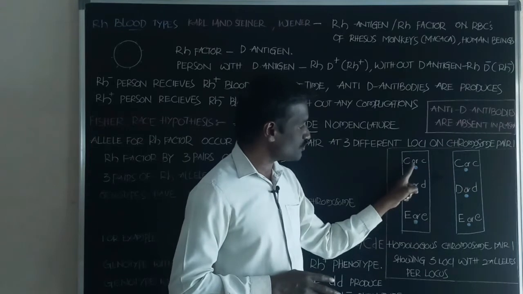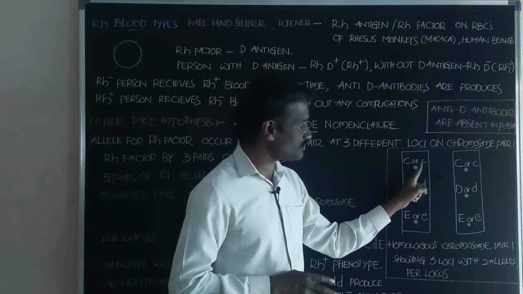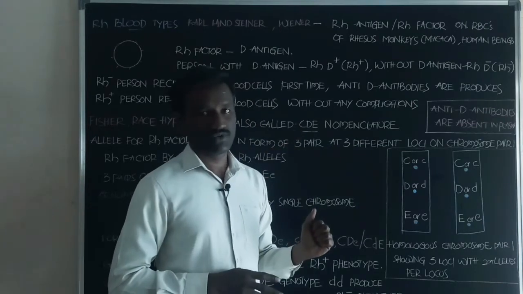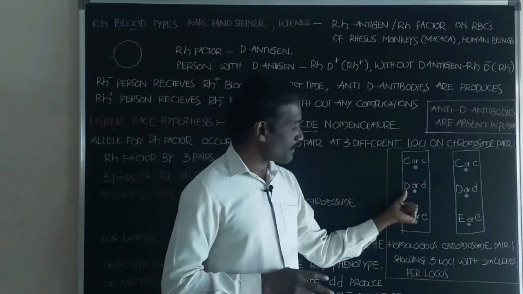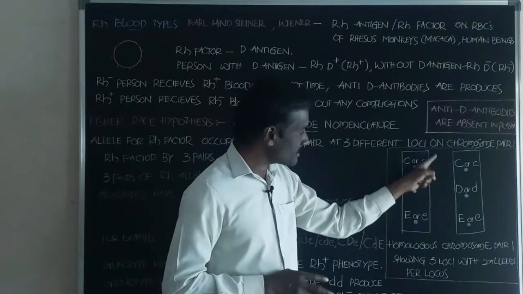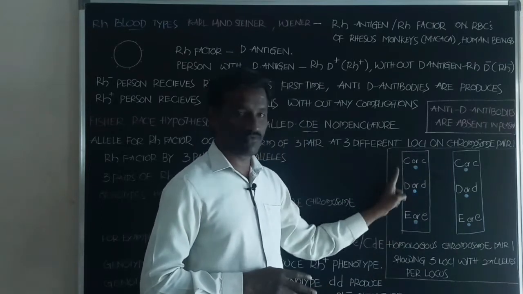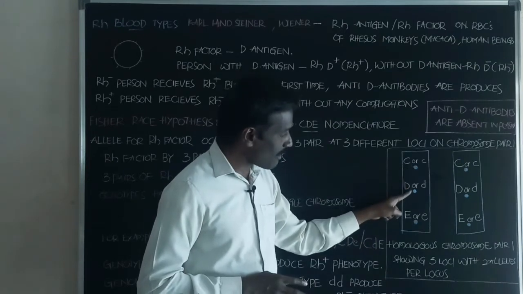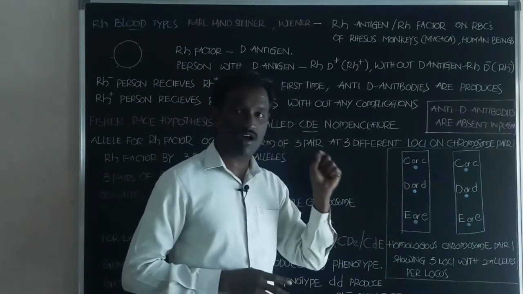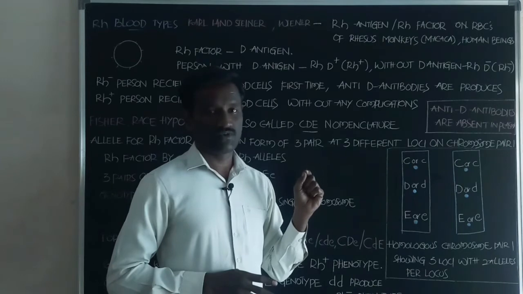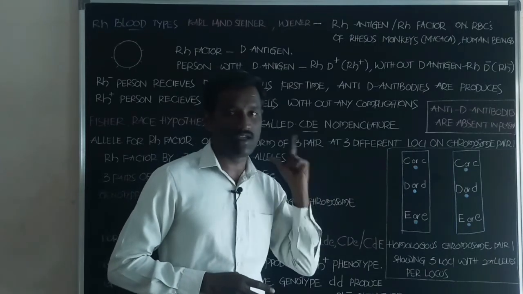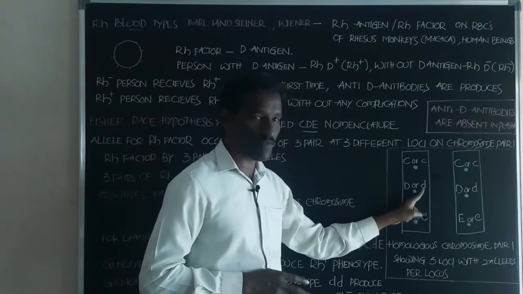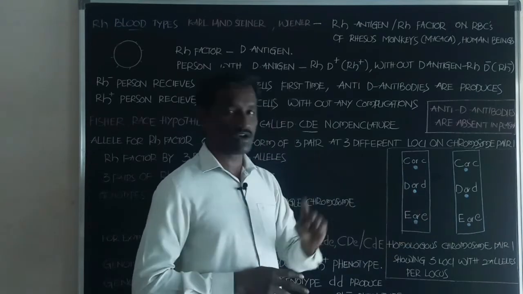In capital C and small c, only one allele is present on a chromosome. These three are different loci on the chromosome which carry the allele capital C or small c, capital D or small d, capital E or small e.